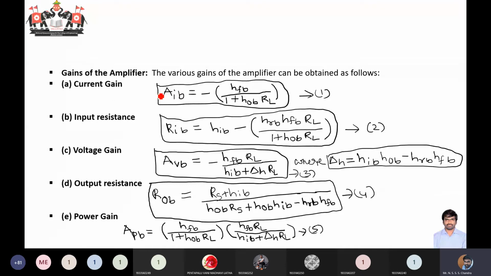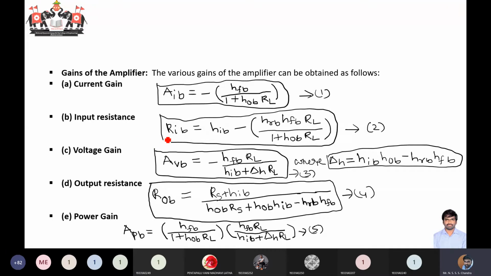So we have written the same thing, minus in place of HFE we are writing HFB, divided by 1 plus, in place of HOE we are writing HOB into RL. Similarly for our input resistance, RAB is equal to HIB minus HRB into HFB into RL by 1 plus HOB into RL. And then voltage gain, which is nothing but the output voltage to the input voltage ratio, which we have obtained in the last class.